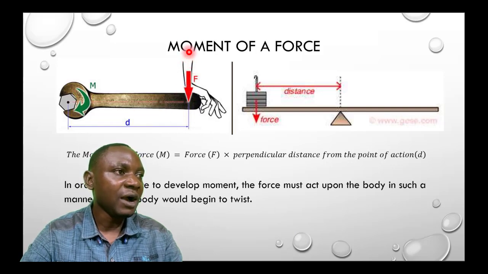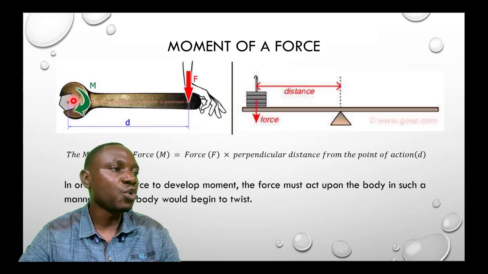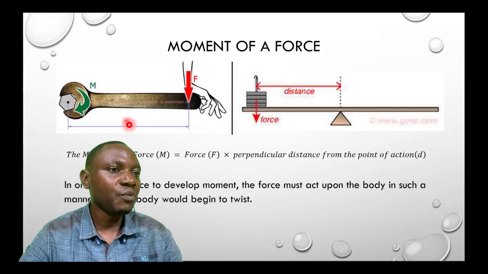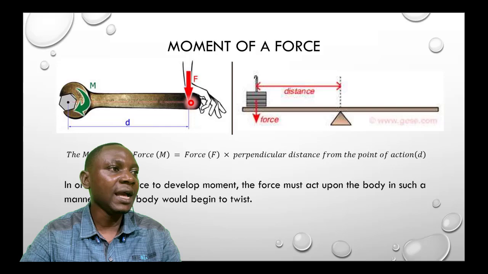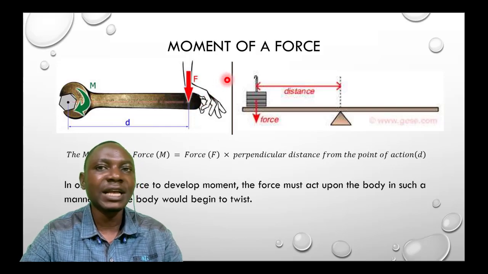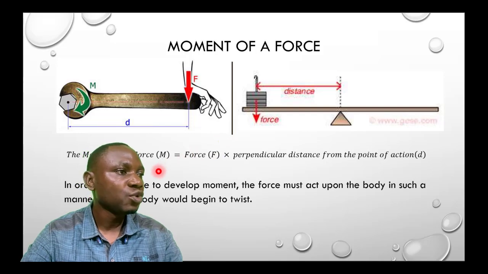So how heavy this force is, or how much of this force is being applied to this spanner, will determine whether a moment will occur or not. Another thing that will cause a moment to occur is this perpendicular distance. The longer the perpendicular distance, the faster or easier a moment occur.